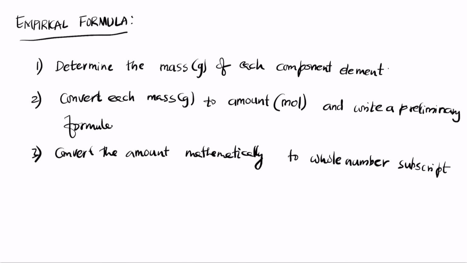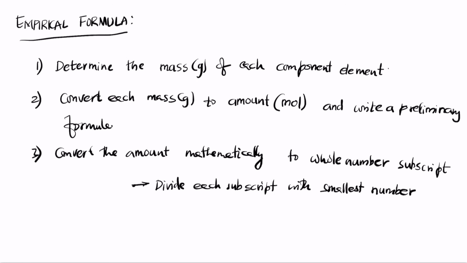Right, so how do you convert this into whole number subscripts? Generally by dividing each subscript by the smallest number. So out of all the numbers, choose the smallest subscript number and divide by that number.